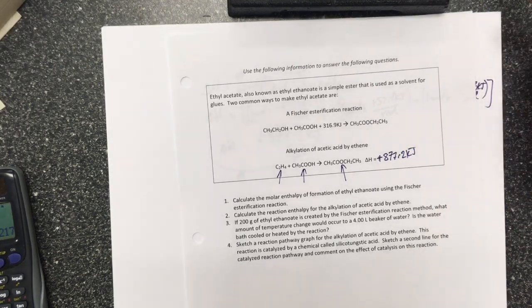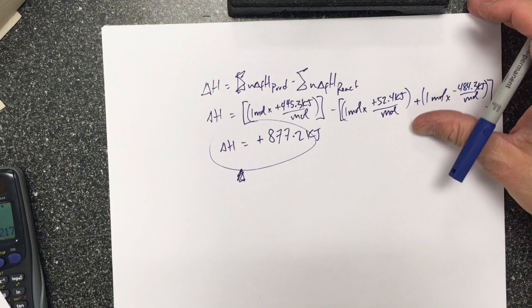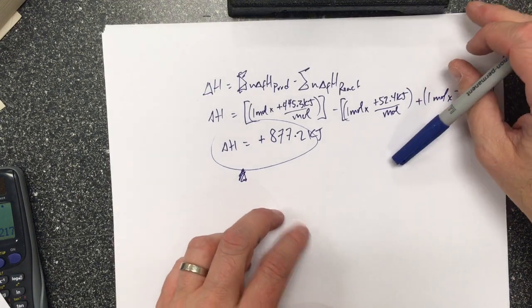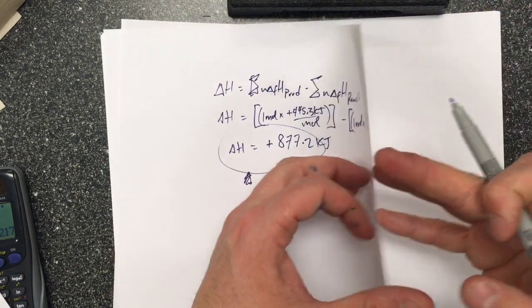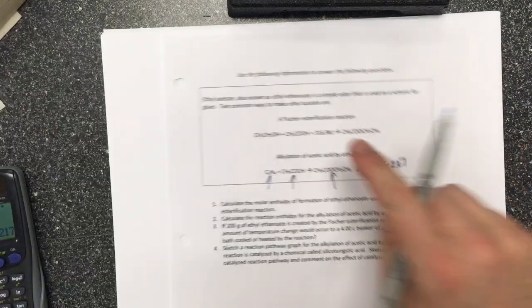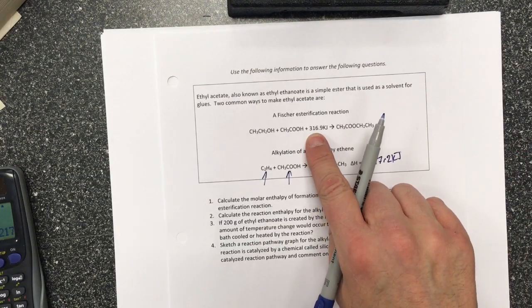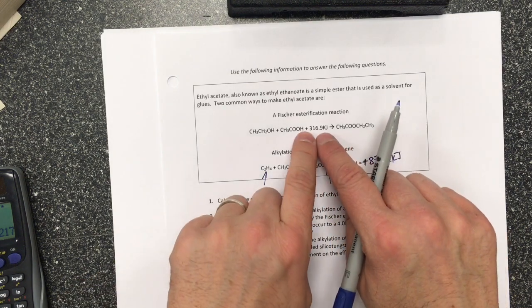The next question says, if 200 grams of ethyl ethanoate is created by the Fischer esterification reaction method, what amount of temperature change would occur in a 4-liter beaker of water? Is the water bath cooled or heated by the reaction? Well, we can answer that as soon as we take a look at the reaction enthalpy. It's endothermic, so the reaction vessel is going to cool down because it's using the energy up.